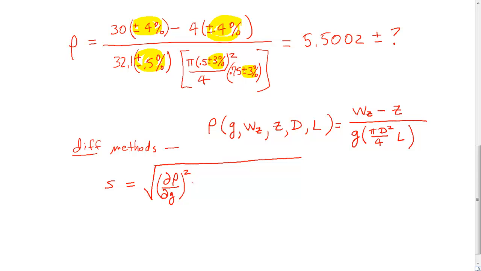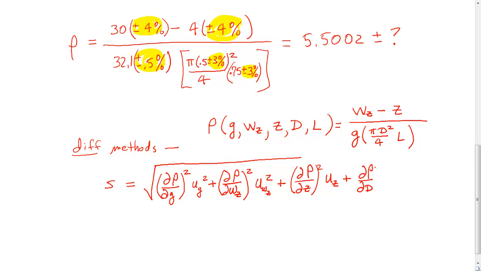And then the uncertainty, you could list U, say G squared plus partial of rho with respect to WZ squared times the uncertainty in WZ, I guess I have to do both of those squared, plus partial of rho with respect to Z squared times uncertainty in Z plus partial of rho with respect to D, uncertainty in D squared plus one final thing, U in L squared.